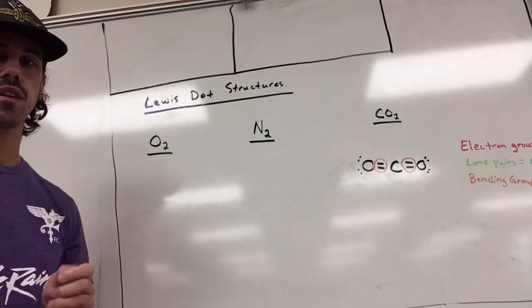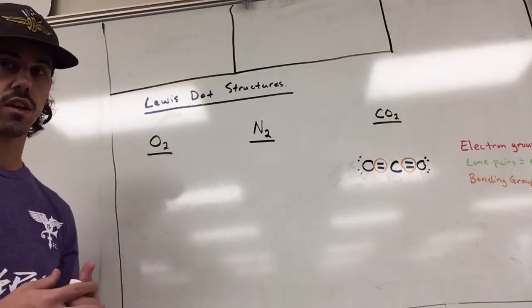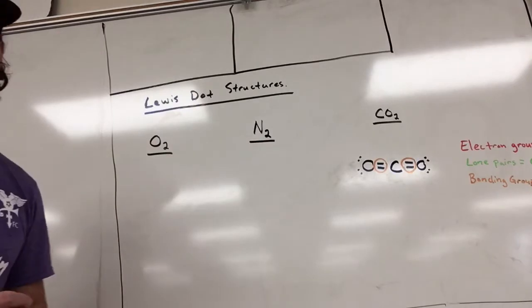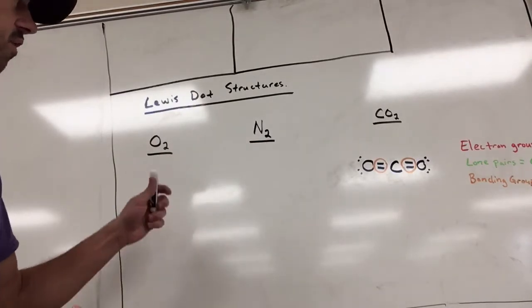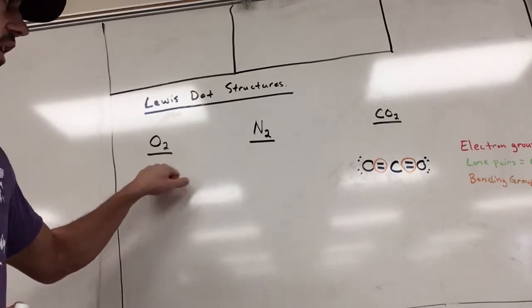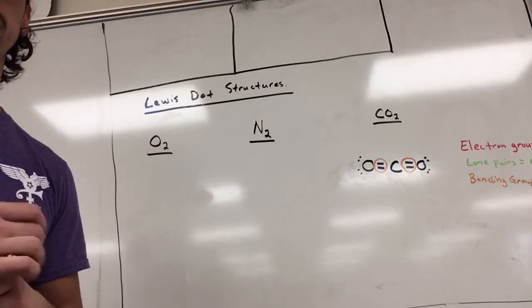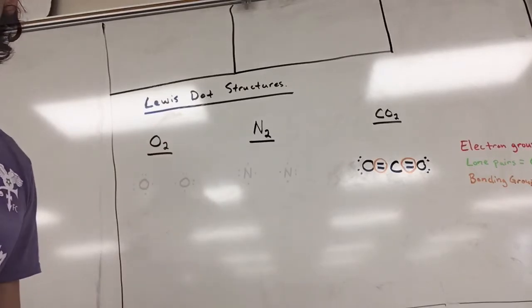We talked about yesterday different elements that end up forming diatomic molecules in nature. Two examples of those are oxygen and nitrogen. So what I want to do is have you guys draw the Lewis dot structures of both oxygen and nitrogen, and I want you to guess what type of bond is going to exist within these molecules.